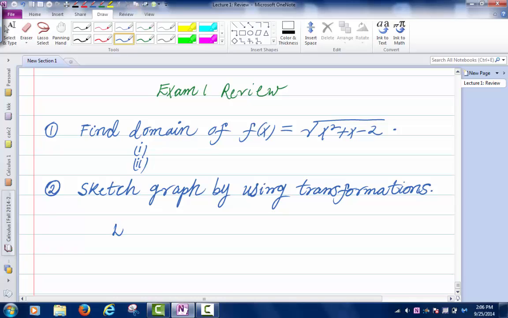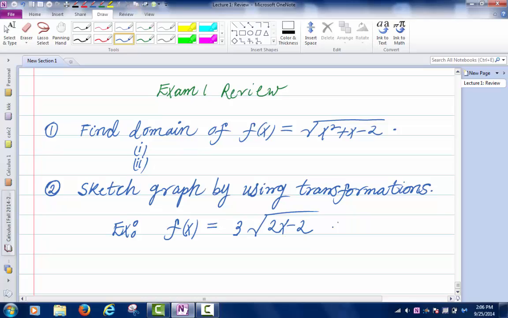Let me give you an example. Let's say you have the function f of x, which is 3 times the root of 2x minus 2. I'm just making up something. So you have to start out with a familiar function that you know how to draw, and then show me what transformations you applied to obtain the graph of this function.